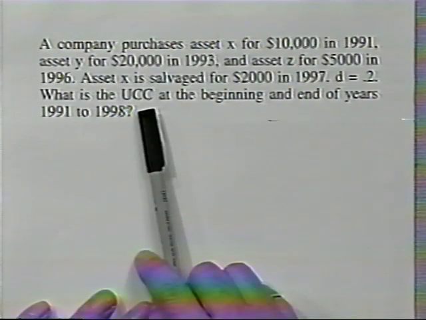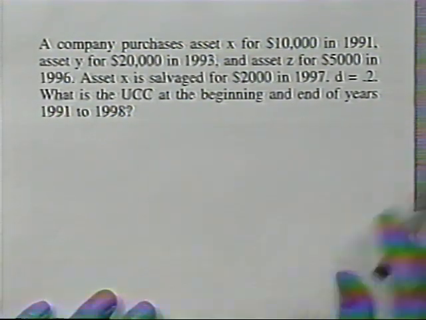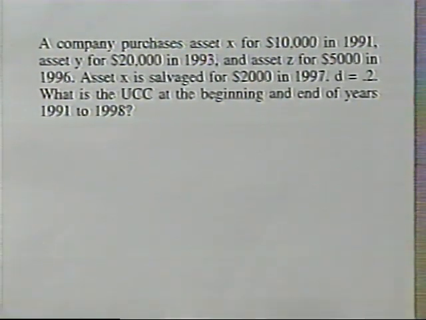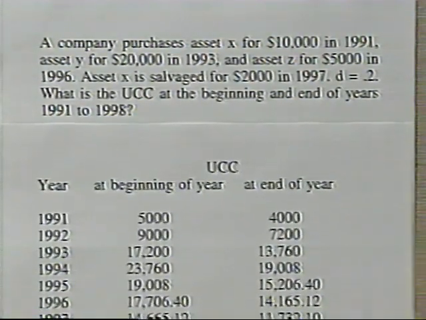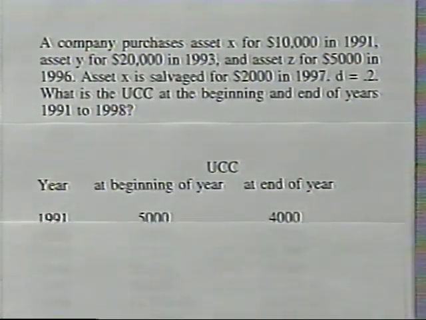What is the undepreciated capital cost account at the beginning and end of years 1991 to 1998? Now we're going to be assuming here that the capital cost account is 0 to begin with. Now let's do this 1 year at a time.